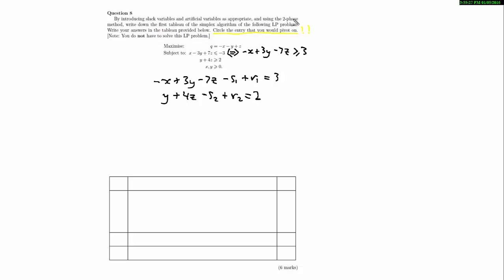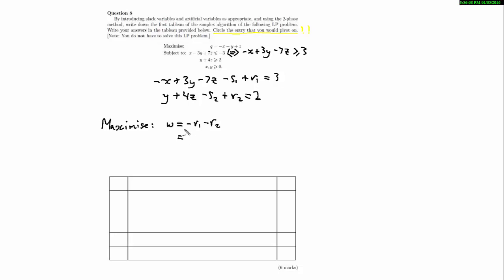Okay, so now to set up the first phase of this two-phase method for this problem, we give ourselves a maximization problem, and we aim to maximize some variable w, which we make equal to minus r1 minus r2, and that's because in this first phase of the problem we aim to get rid of these artificial variables and then deal with the slack variables in the second phase.